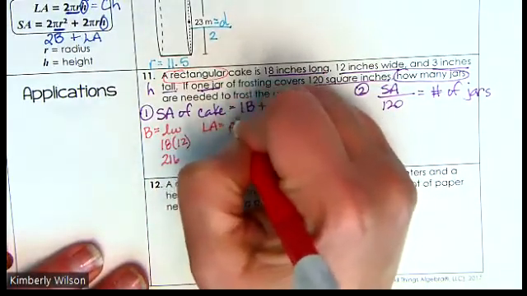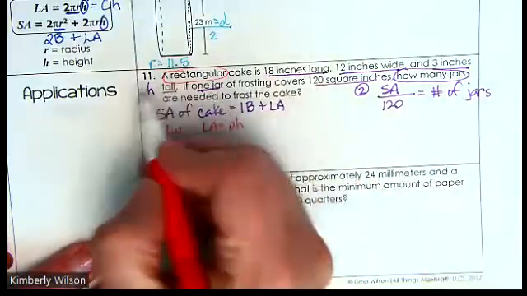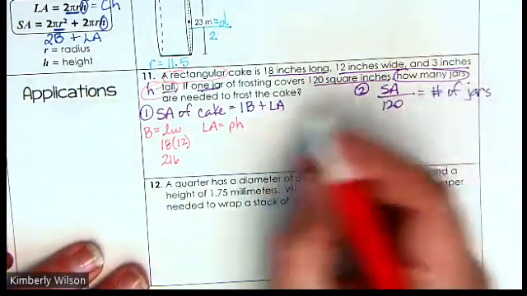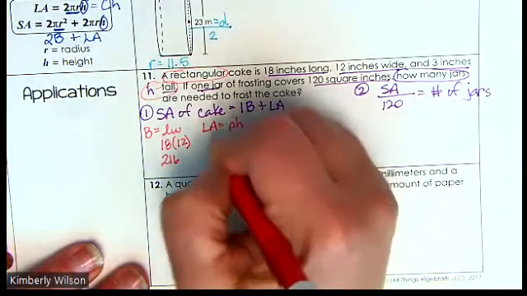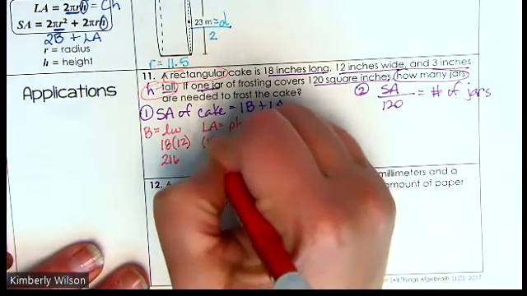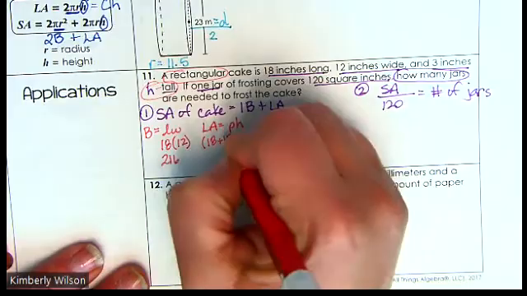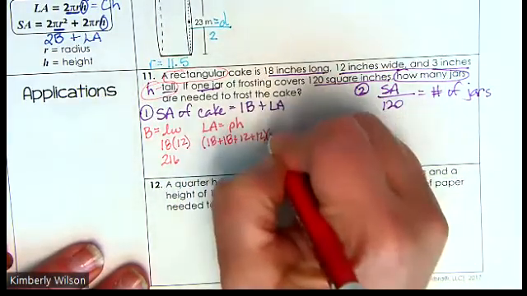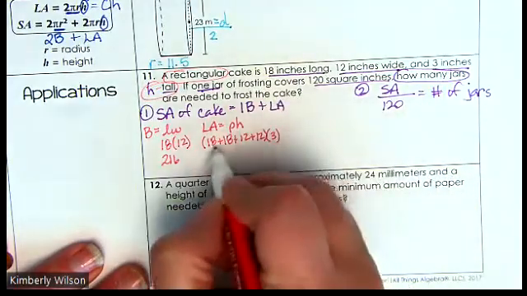So the lateral area is the perimeter times the height, which is going to be this tall. So that's going to be the 3 inches. So perimeter, that means I'm going to have 18 plus 18 plus 12 plus 12 times 3.